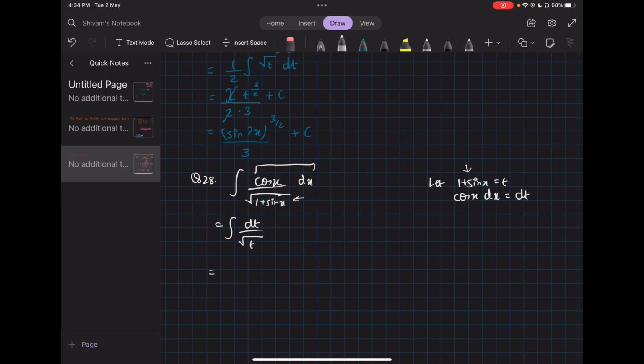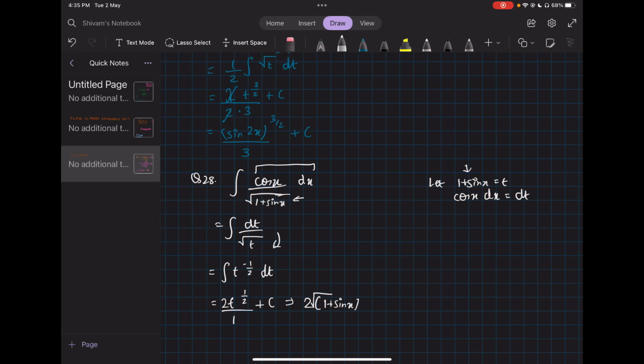And now rewriting what was written, and applying the power rule in the t world. So add 1 to the power and divide by the new power, which is 1 half. So I'm just going to take the 2 to the numerator, and now we replace t with what we took t to be.